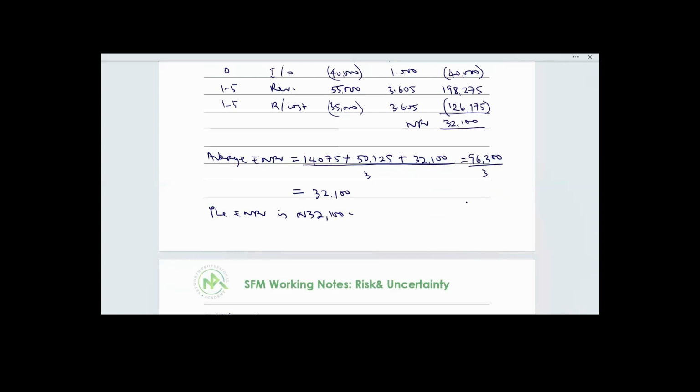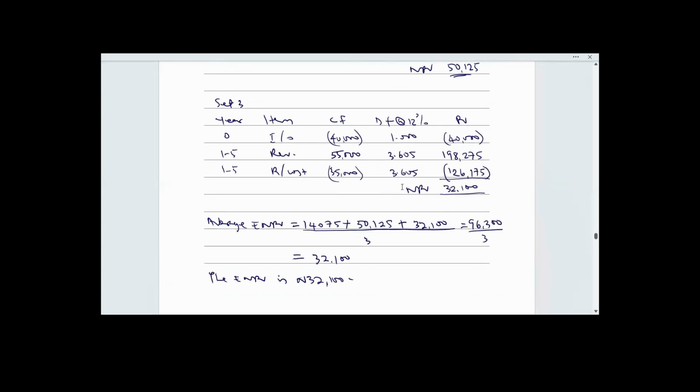This is not the end of the question. So the examiner is now asking you, finally, number C: explain briefly why the NPV calculated in A and the one calculated in B may not necessarily be the same. Why are the NPVs not the same?